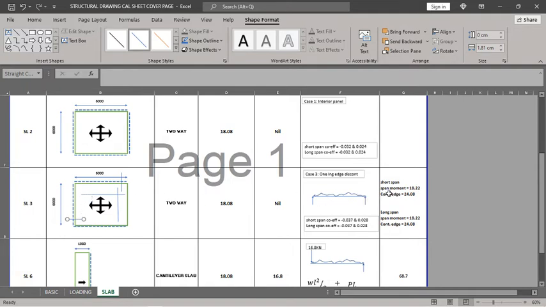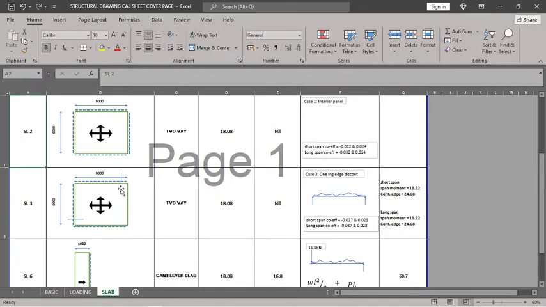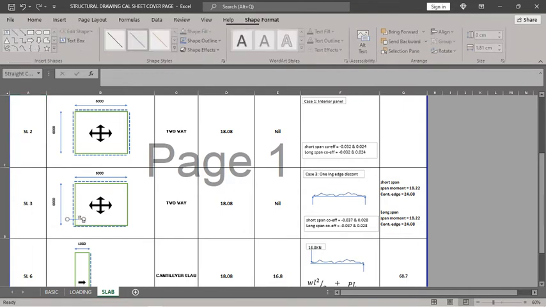So that's what span and continuous edge mean, for clarification's sake, if I have any viewers who do not understand what span and continuous edge mean. So that is that for case 3.